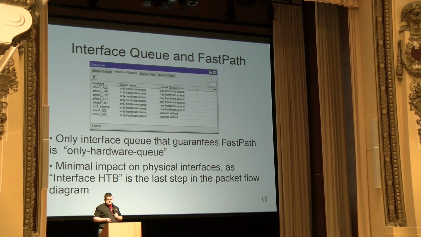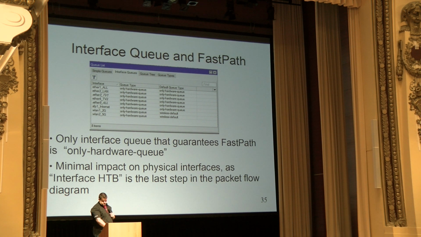But if for some reason, for example on a wireless interface, you don't have only the hardware queue, you have the wireless default, don't worry. It makes some 3–4% impact because it's the very last box and doesn't really slow things down. But it's an interesting note just to check.